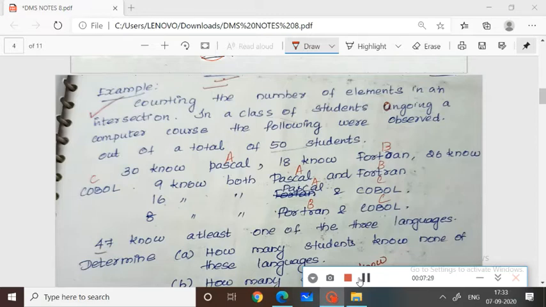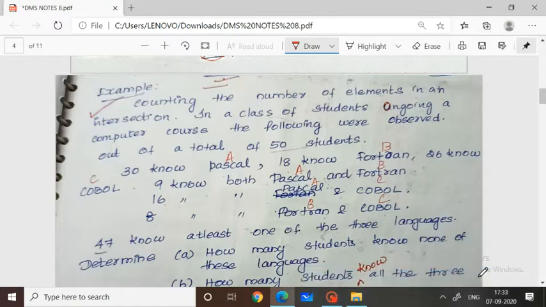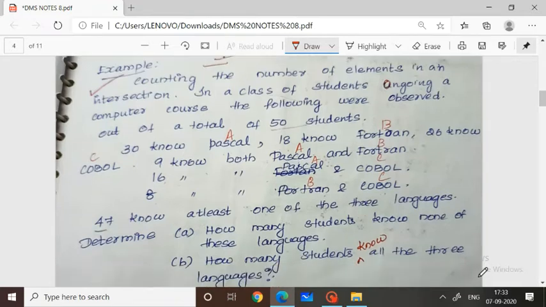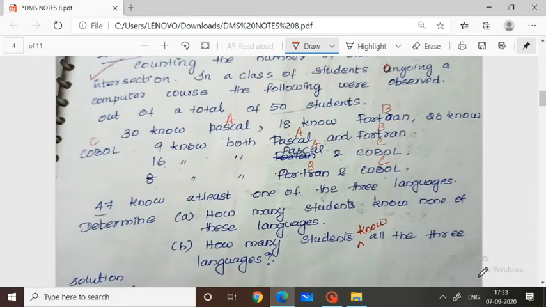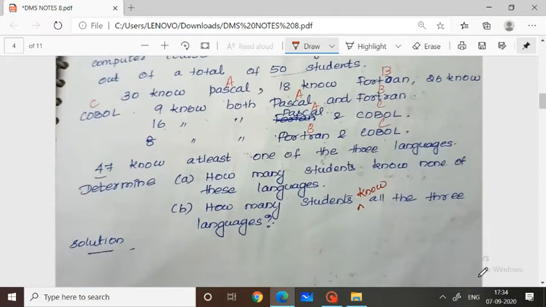Out of a total of 50 students, 30 know Pascal, 18 know Fortran, 26 know COBOL, and 9 know both Pascal and Fortran, 16 know Pascal and COBOL, 8 know Fortran and COBOL. 47 know at least one of these three languages. The question is, determine how many students know none of these languages. Second part, how many students know all the three languages.